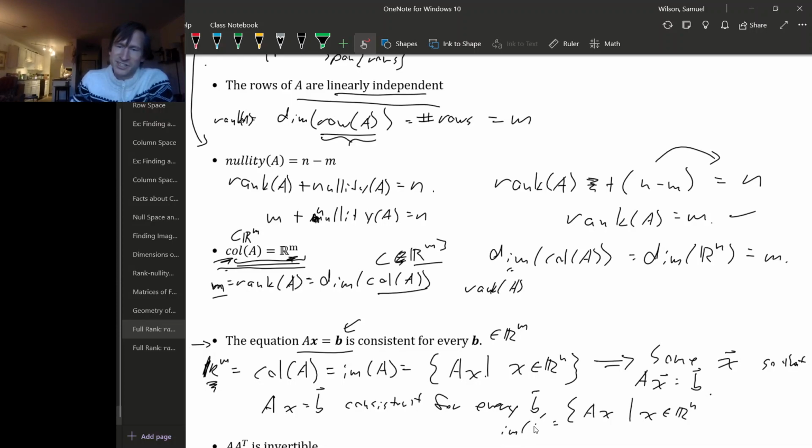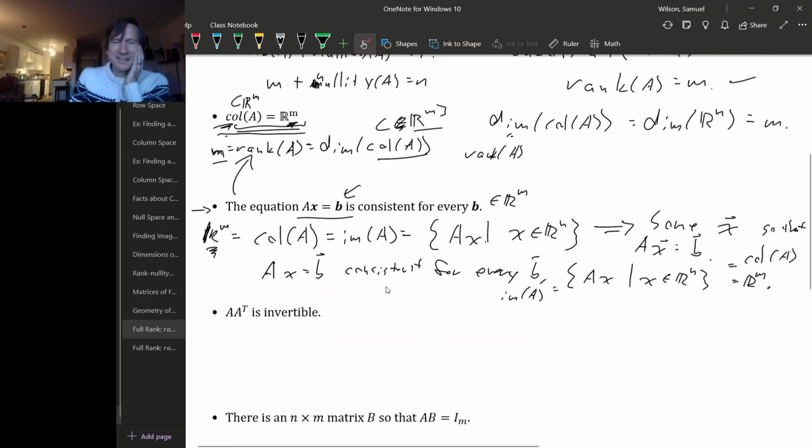By definition, this is the image of A, but this must be all of Rm. But this set is also the column space, right? The image is also the column space. So if this set is the column space, well, this set is Rm, and so that proves the implication that way. Okay, though, believe it or not, those are the easy ones.